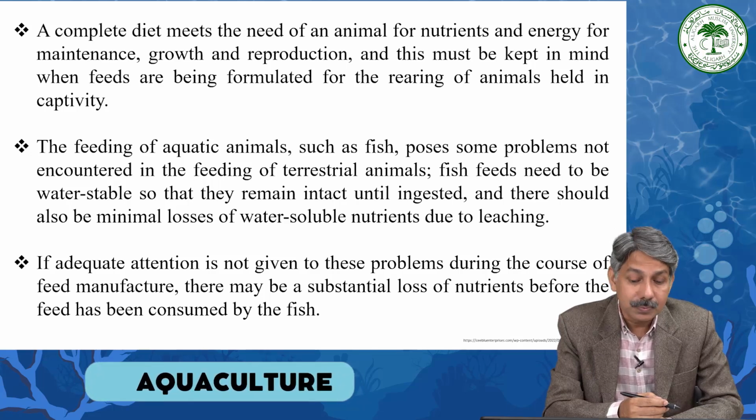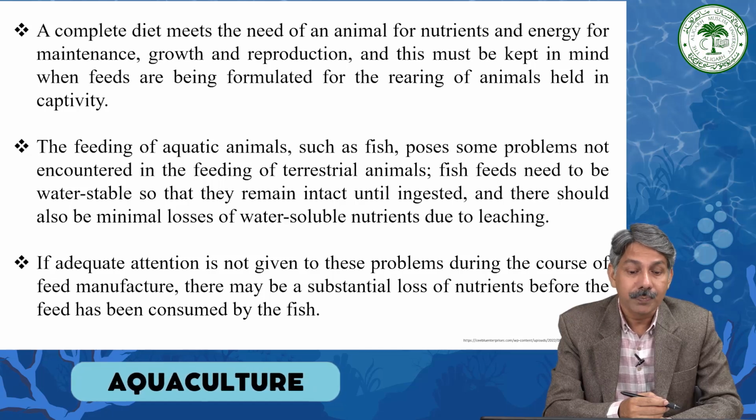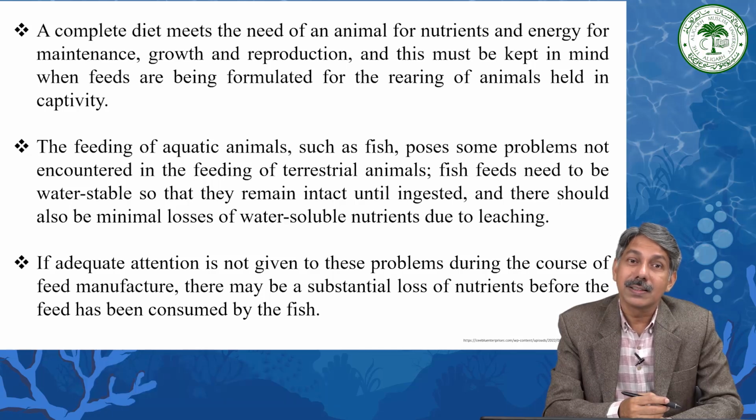Again, whether the fish or the other aquatic species, whatever you are culturing, is consuming the same kind of food in all its life stages, or different life stages have specific type of food requirements of that particular aquatic organism.